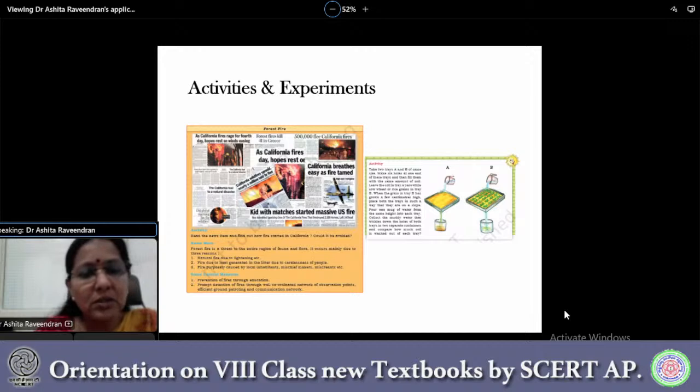So how has lightning led to the natural fire, and what are the steps that you can take so that, if you have a well-coordinated structure, a network, where information about a small fire is immediately given to the concerned people, and they immediately rush to the point, measures are taken so that it does not spread further. So these types of activities also make them start thinking about new types of conservation measures, or how this fire can be avoided. They can come up with innovative solutions also.